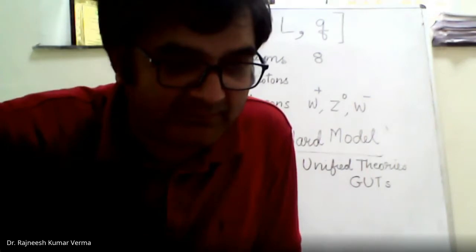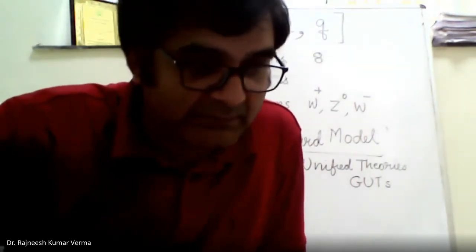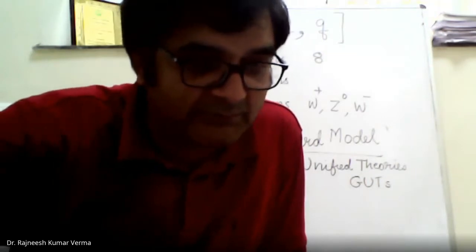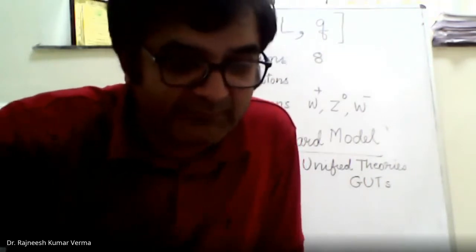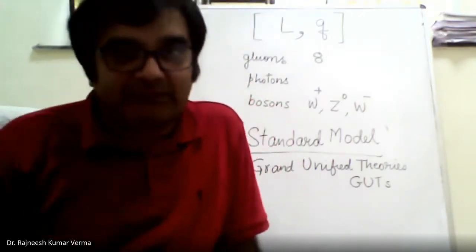Like grand unified theory predicts that there can be a conversion of quarks into leptons. So what does it mean?